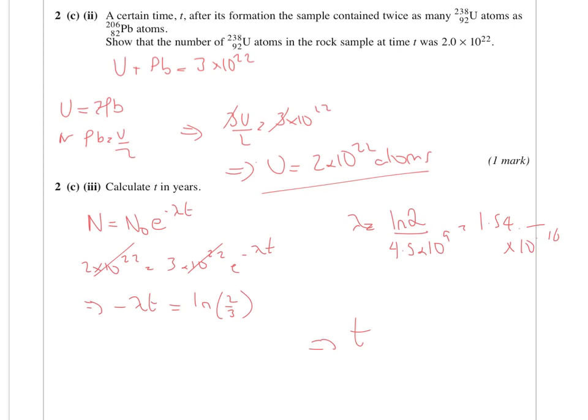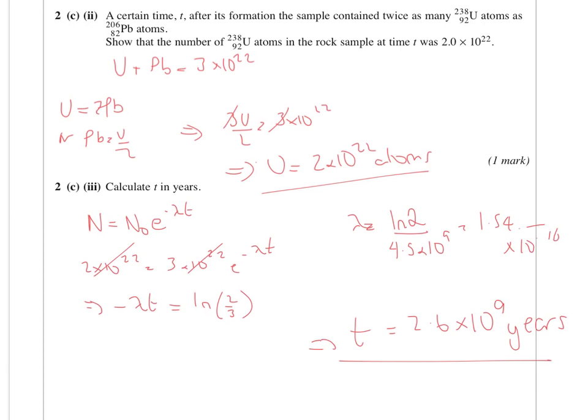Which means that time is going to be log 2 divided by 3, divided by the answer we've calculated, times minus 1. So when we calculate that, it's 2.6 times 10 to the 9 years, because we used the half-life in years, so this is going to give you an answer in years.